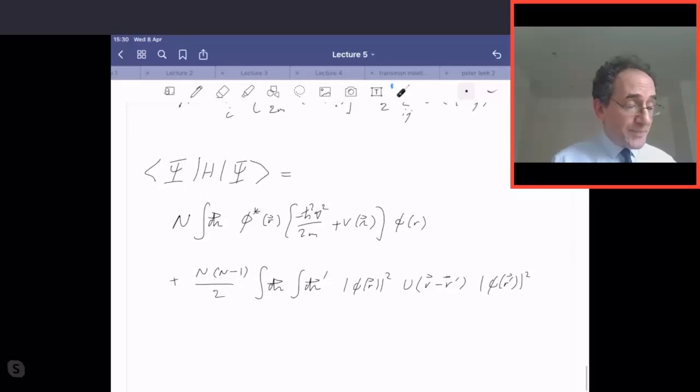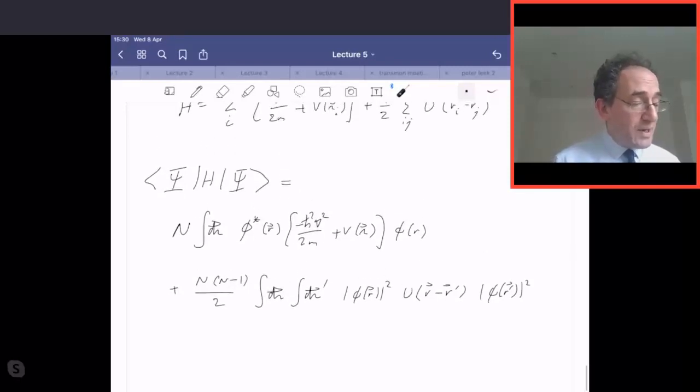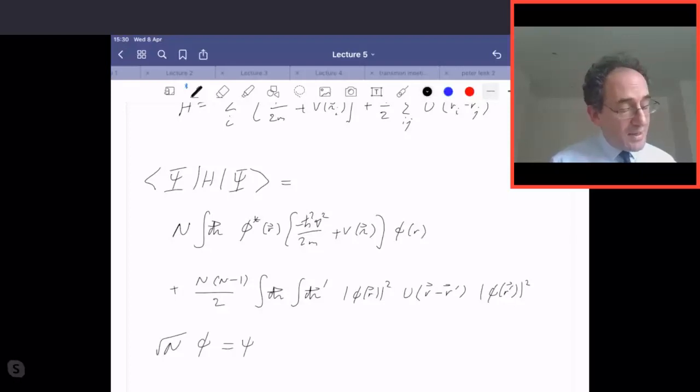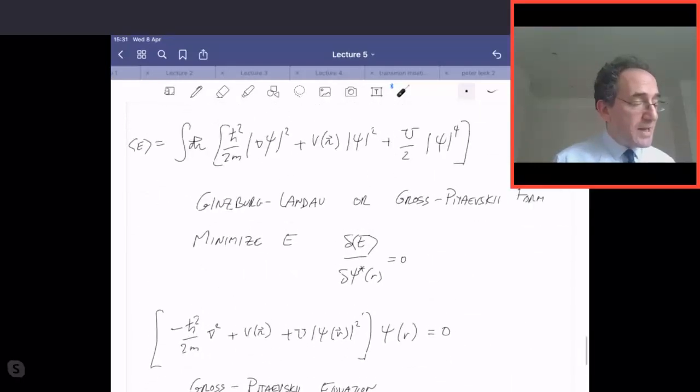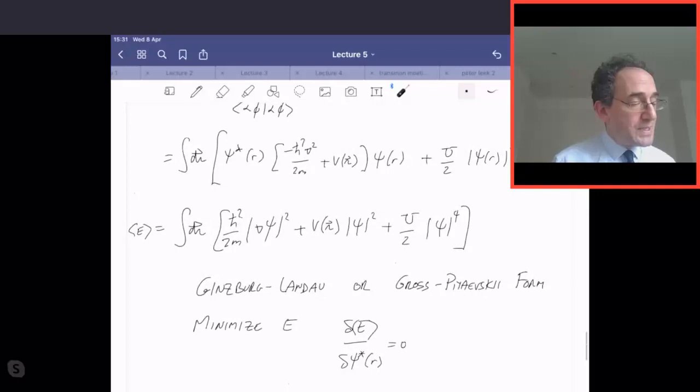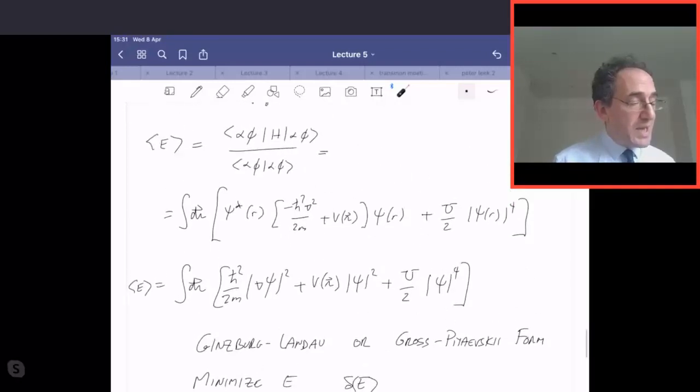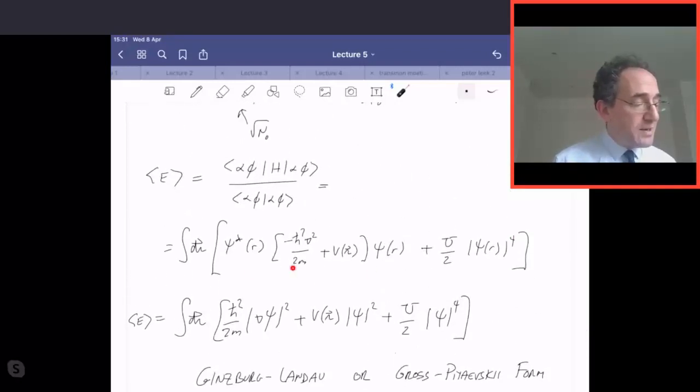So, with the exception of the fact, what we did before was we took square root of N phi and we called it psi of r, and except for this minus 1 here, this is exactly the same expression as we had back here.